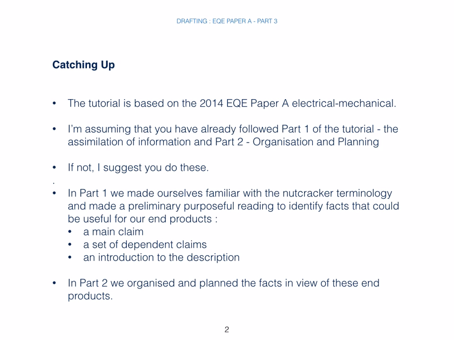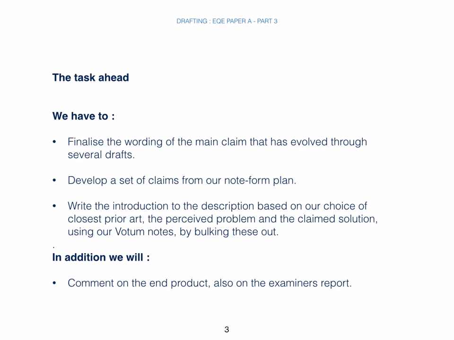What now is the task ahead? We have to finalize the wording of the main claim that evolved through several drafts already. We have to develop a set of claims from our note form plan in finalized form.